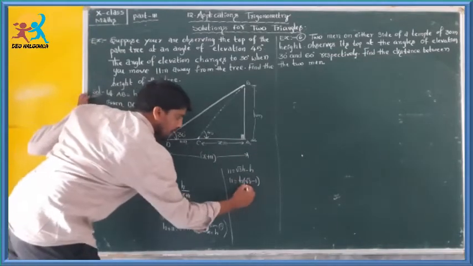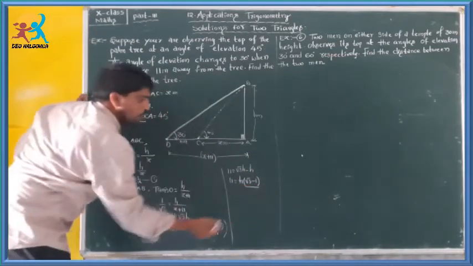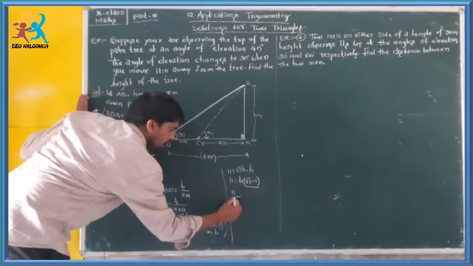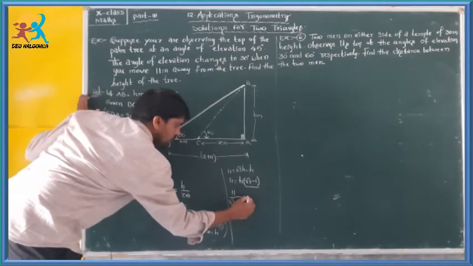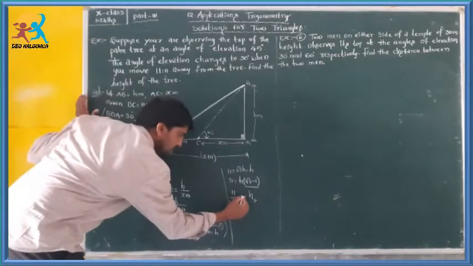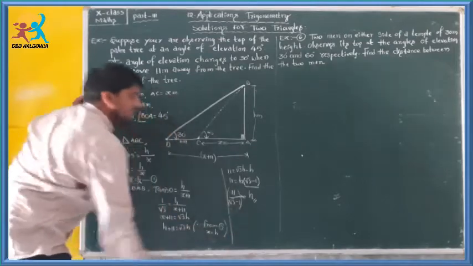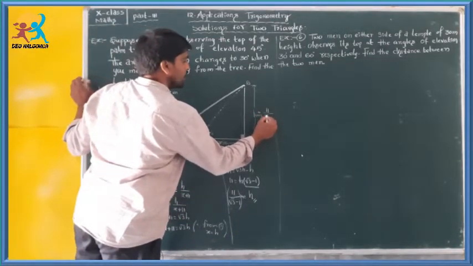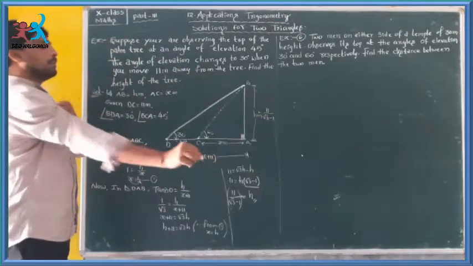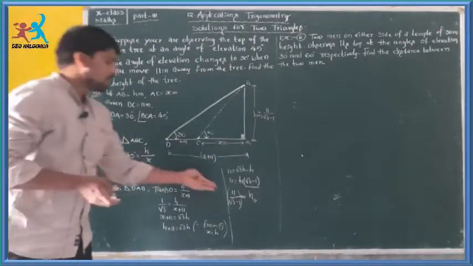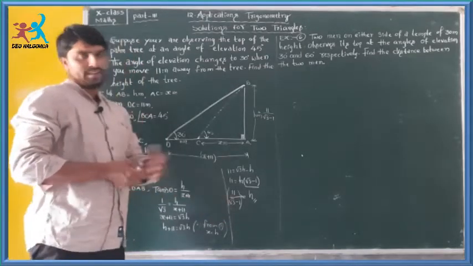So transferring the coefficient of h to the LHS, we get 11 by root 3 minus 1 equals h. Therefore, 11 by root 3 minus 1 meters is the height of the palm tree. We can simplify further also, but no need here.